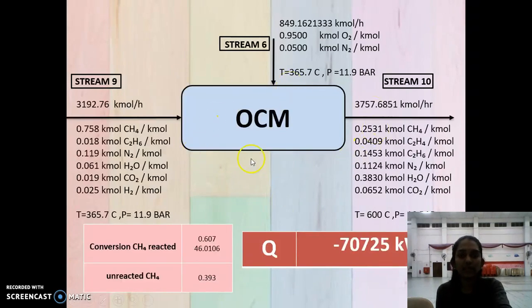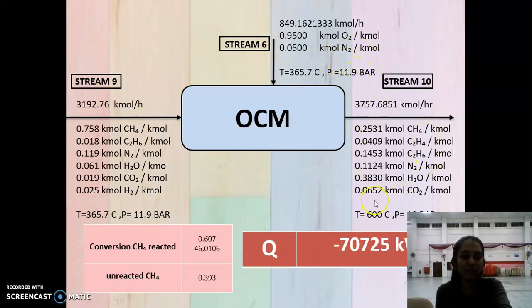The OCM, which is the oxidative coupling of methane unit, would be the reactive reactor for the whole ethylene production of our company. Here there would be three streams, and the temperature for the inlet streams, stream 9 and stream 6, is the same, which is 365.7 degrees Celsius with a pressure of 11.9 bar.